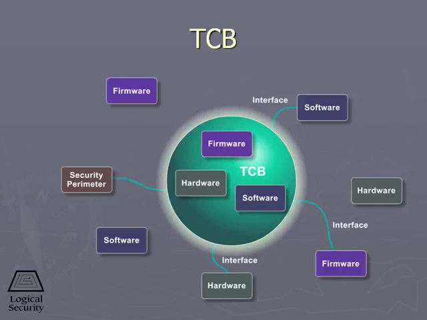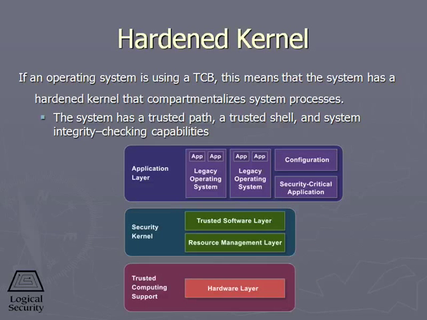One of the requirements of the TCB from the operating system standpoint is a kernel that protects itself, and it also has trusted recovery, trusted shell, and as it communicates with components outside the TCB, a trusted path for communication.